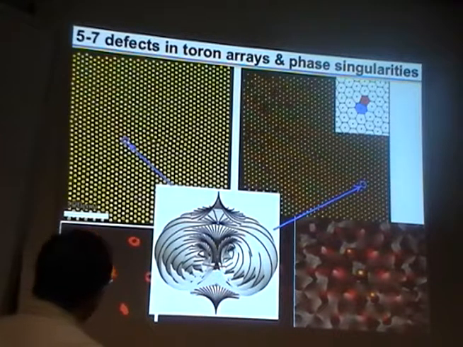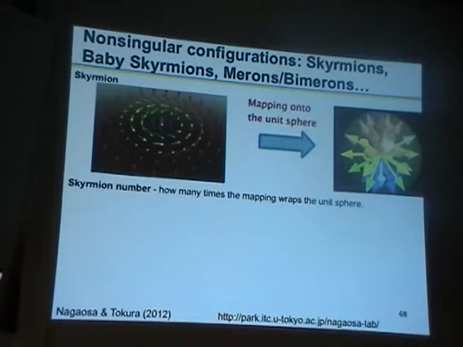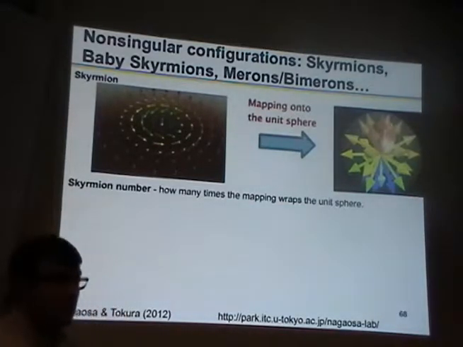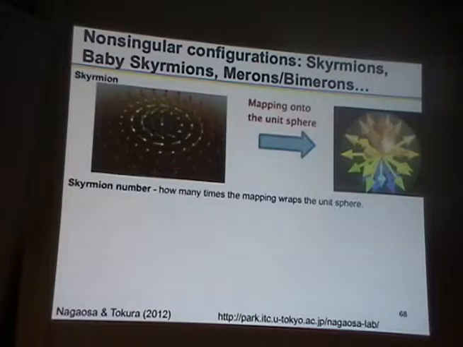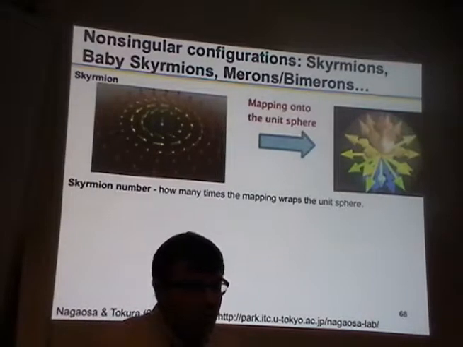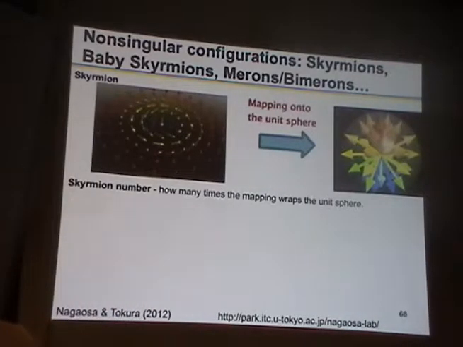So again, reminding you that every single dot in those large arrays corresponds to an elaborate toron structure that we generate also using optical vortices. Right?